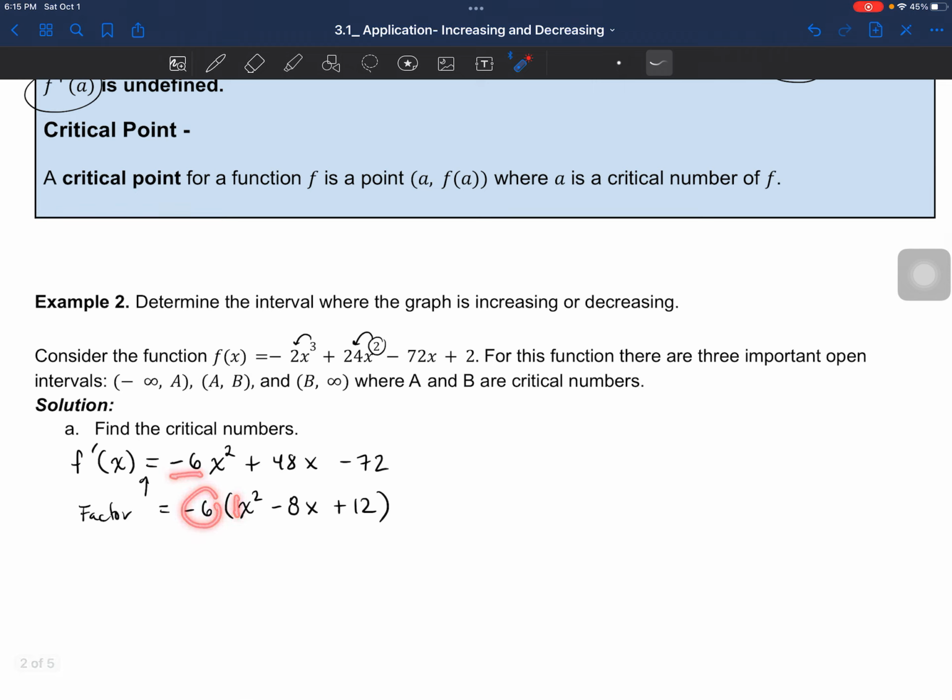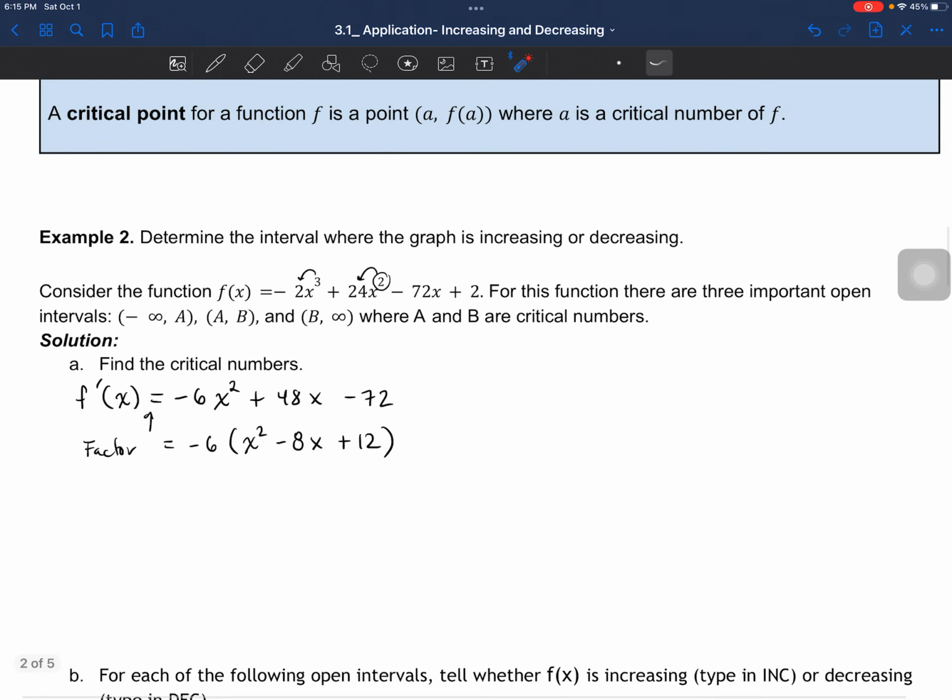We know that is correct because negative 6 times 1 gives you negative 6, negative 6 times negative 8 gives you positive 48, and negative 6 times 12 gives you negative 72. So we found that factorization. We're going to continue factoring. Now that we have this trinomial, we can factor it into two binomials.